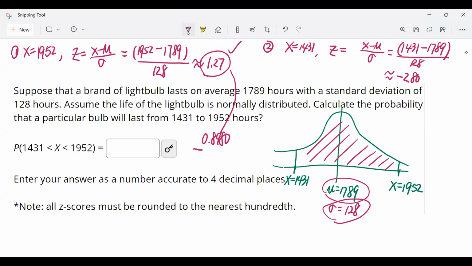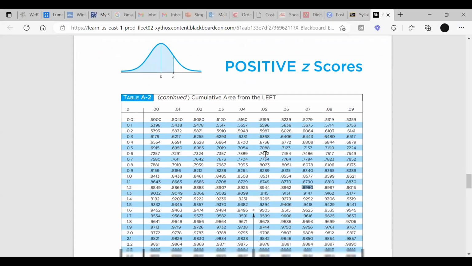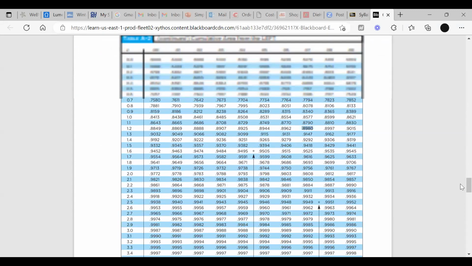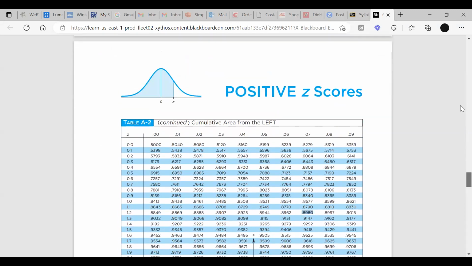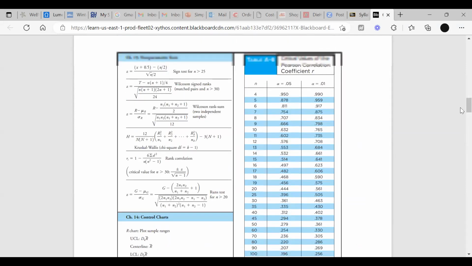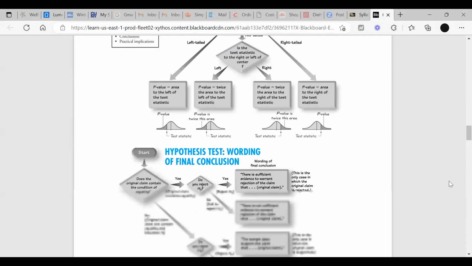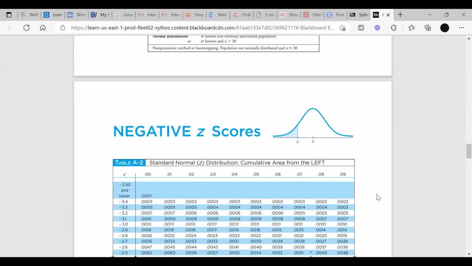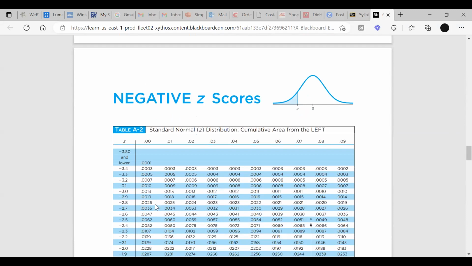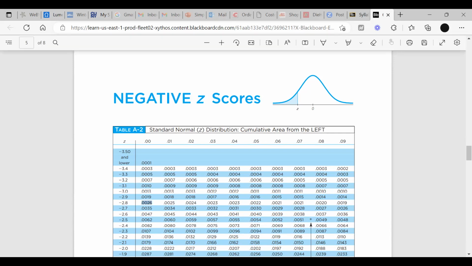I'm going to subtract the smaller area on the left tail, which corresponds with the negative 2.80. Going to table A2, the first page, negative 2.80 gives 0.0026.